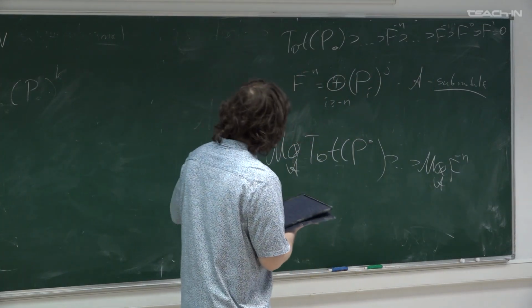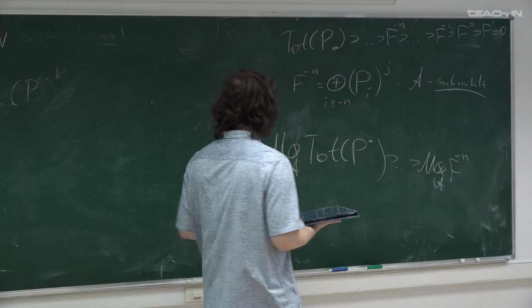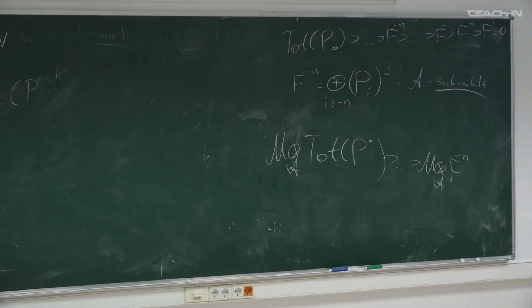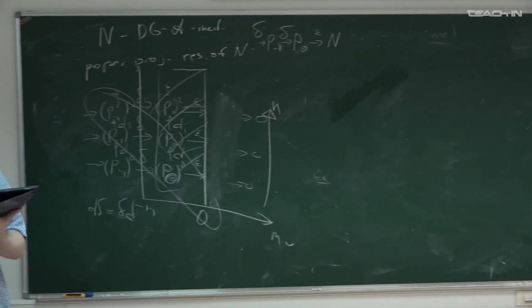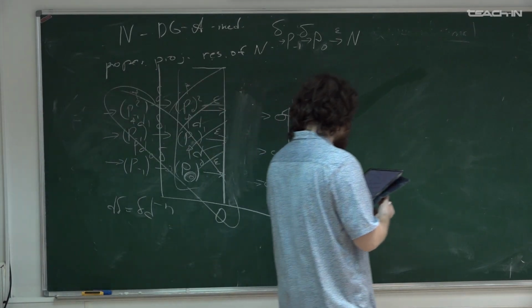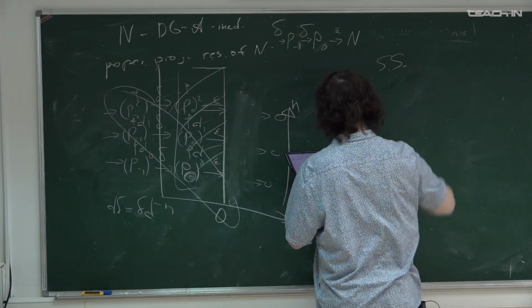So I have a complex with filtration, and to compute homology I have a spectral sequence of a filtered cochain complex with decreasing filtration. I have a cohomology type spectral sequence of homological type.